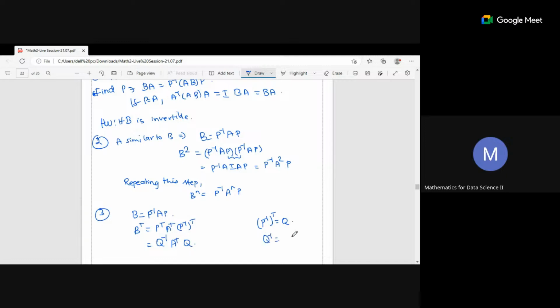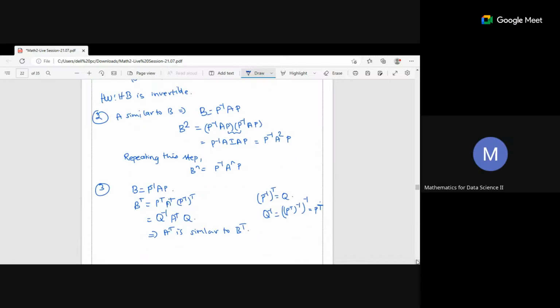Q inverse is this, we can interchange: P transpose whole inverse, so simply P transpose. So instead of P transpose you have Q inverse, and this matrix you are considering as Q. So this implies that A transpose is similar to B transpose. Okay, fine.